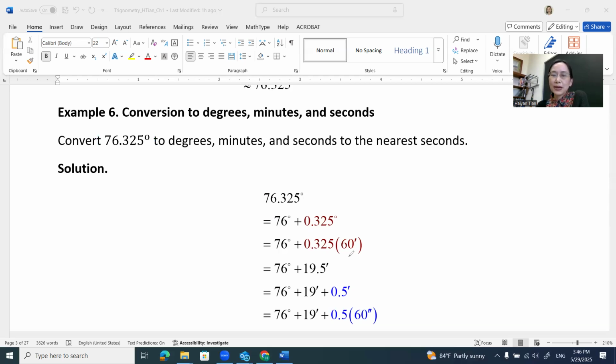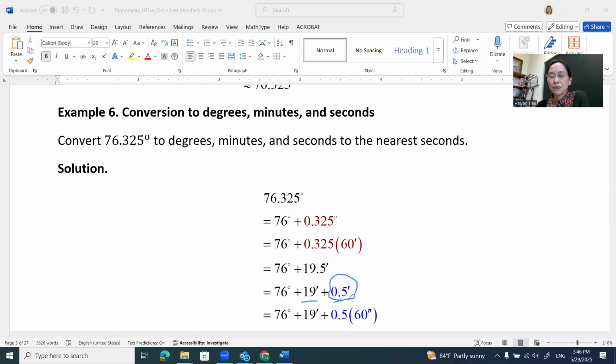And this time we multiply it by 60. So we can change this decimal degree into minutes. After we get minutes, we have 19 minutes, but we have a 0.5 minutes.